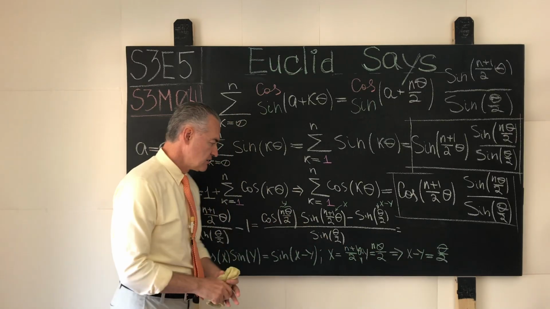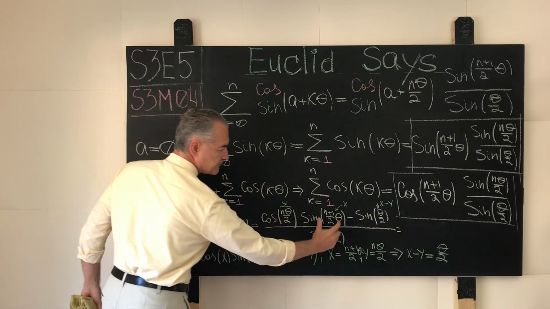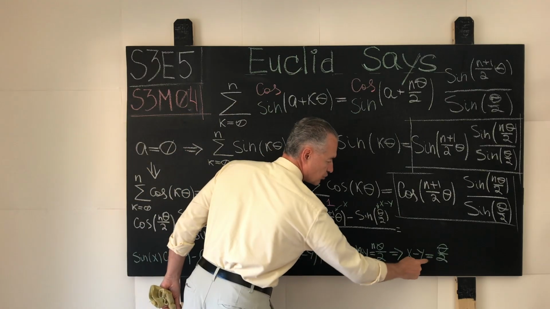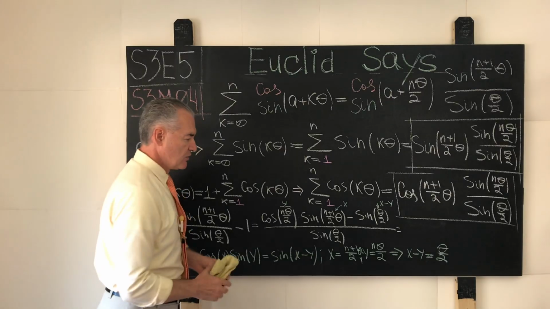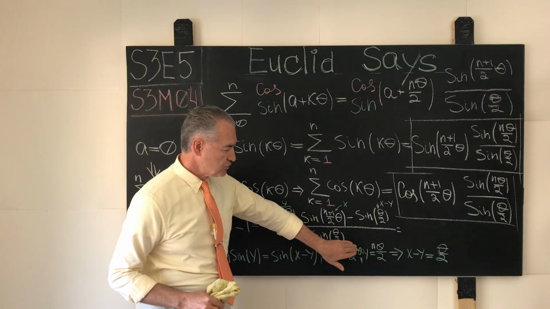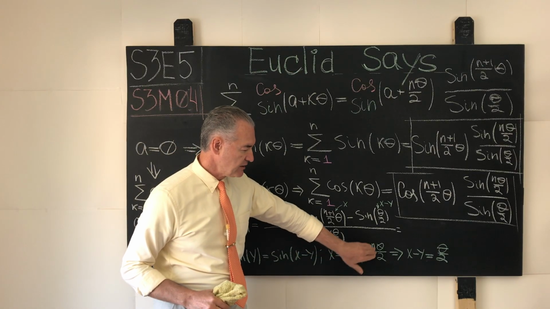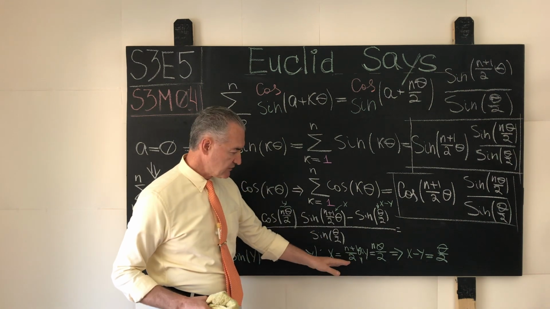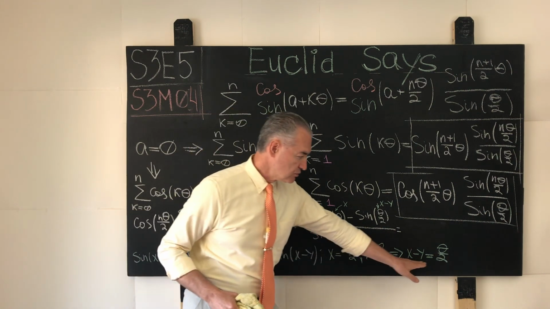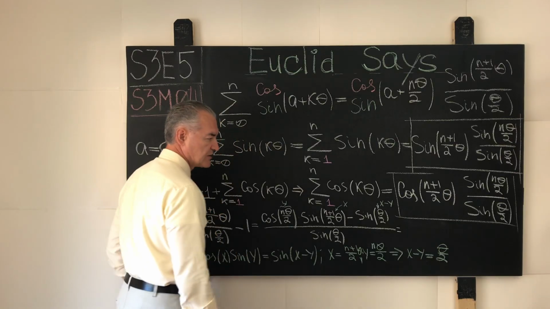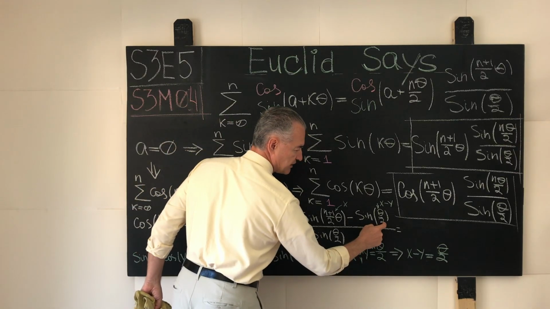What is x minus y? This difference erases n. We have n plus 1 over 2 theta minus n theta over 2, and what is left is theta over 2. So the difference is theta over 2.